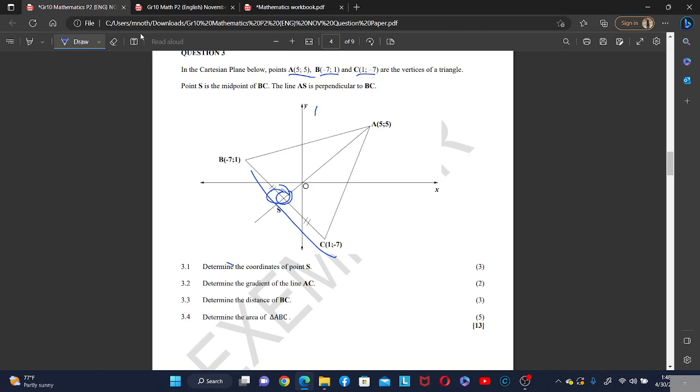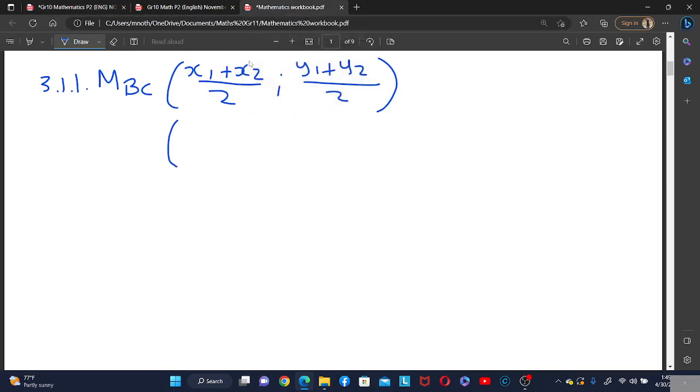So this is the value of x, which is -7, then the value of x, which is 1. So let's name this one x1, then this one y1, this one x2, this one y2. So we are going to have -7 plus 1 all over 2, right? We have named them.